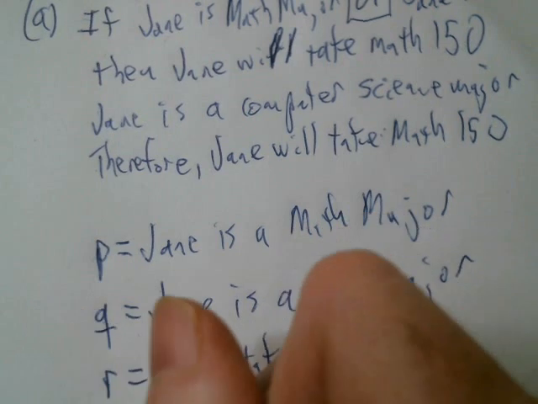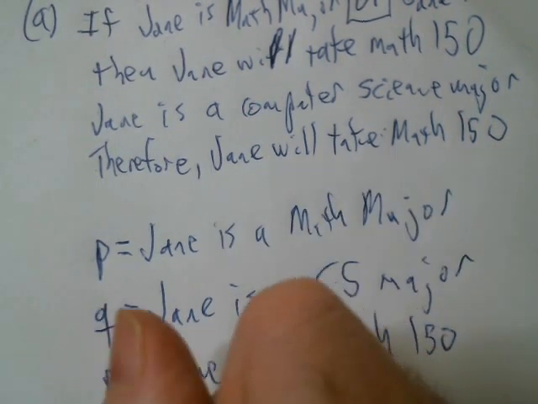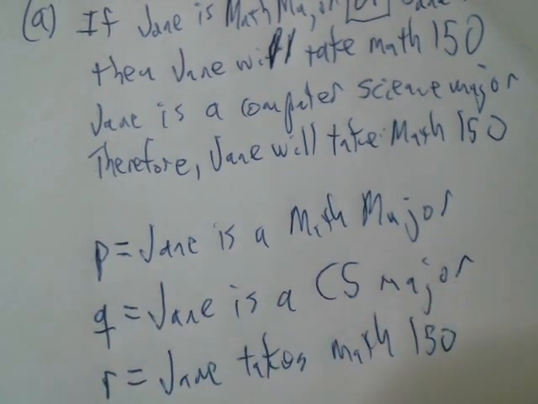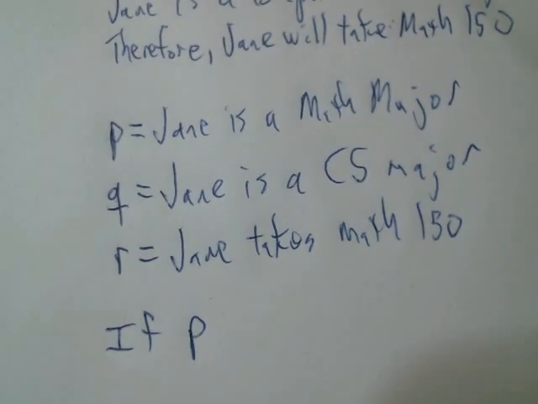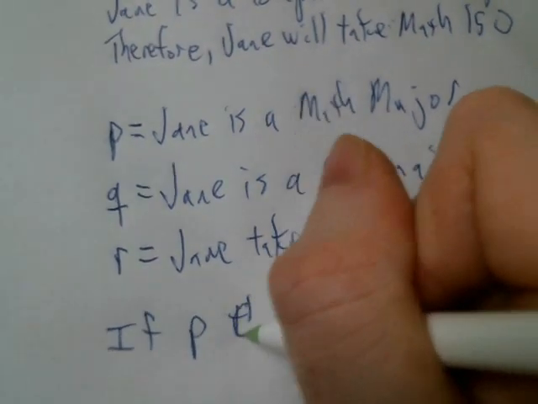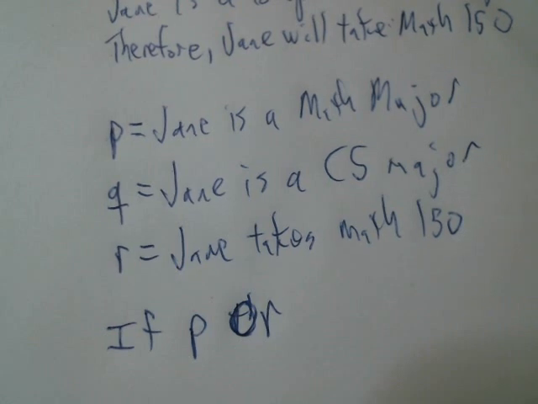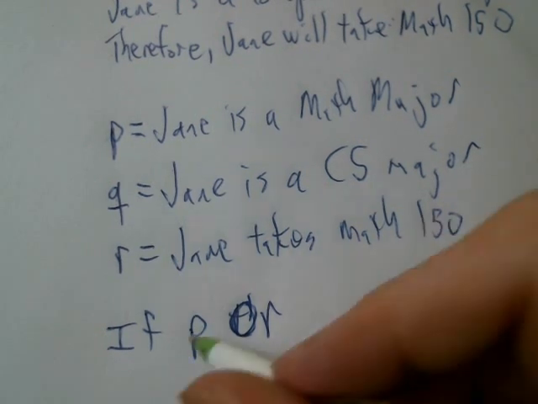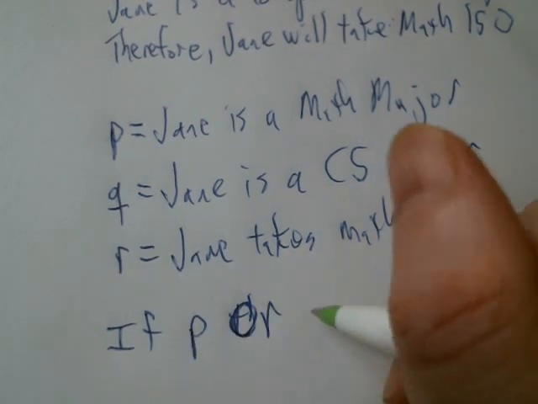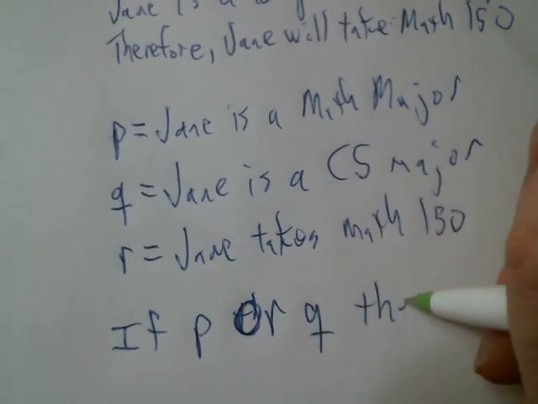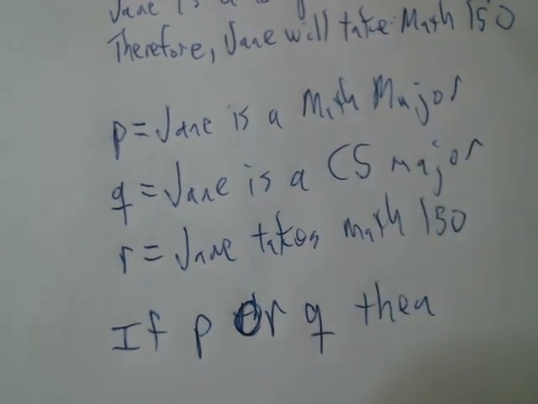So let's see how we could rewrite it with statement variables. We could say if Jane is a math major, so if P, or Jane is a CS major, so if P or Q, then Jane will take Math 150.